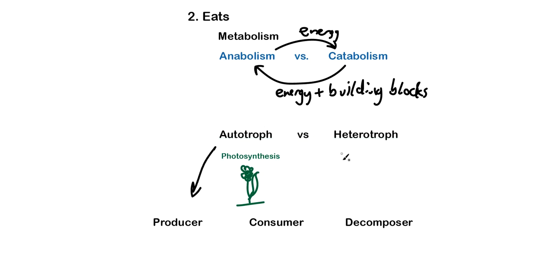Everything else, heterotrophs, are consumers, who eat basically producers or other consumers, and decomposers. Decomposers eat dead things. So first, producers, consumers, decomposers.